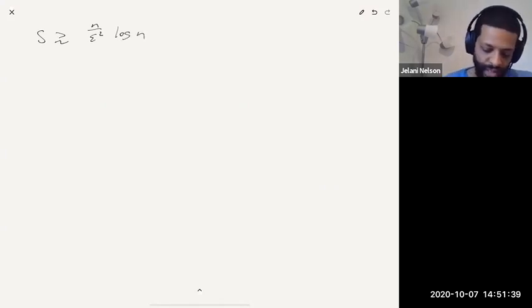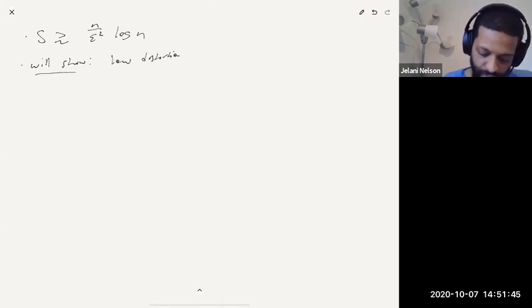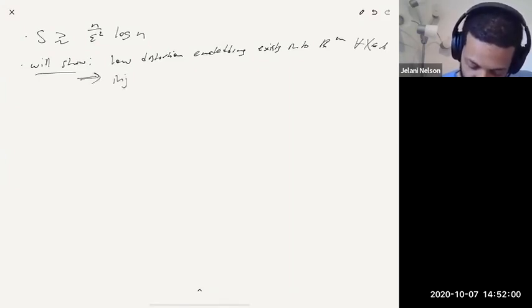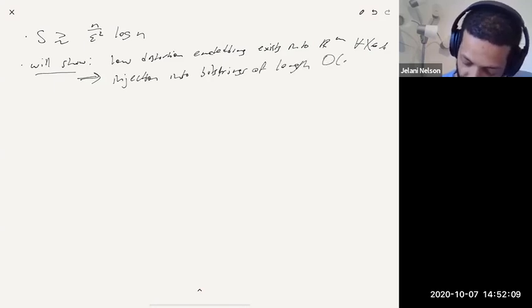And then what I'll show you is that a low distortion embedding existing into R^m for all X in the collection implies an injection into bit strings of length O of nm.